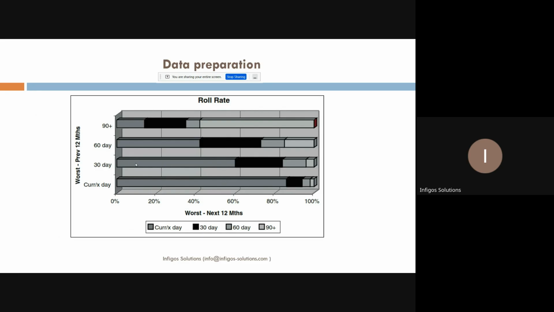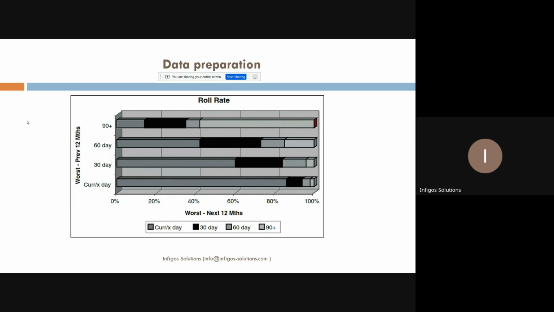Somebody is 30-day past due, what are the chances he'll go again 30-day past due? What will go 60-day past due? As soon as you go from one delinquency bucket to another, 30 to 60, 60 to 90, the roll rate will basically change.